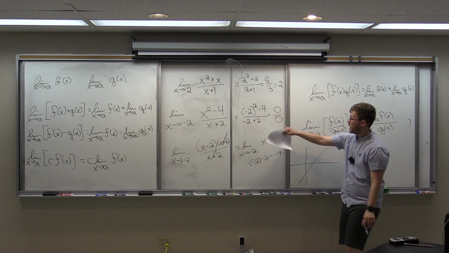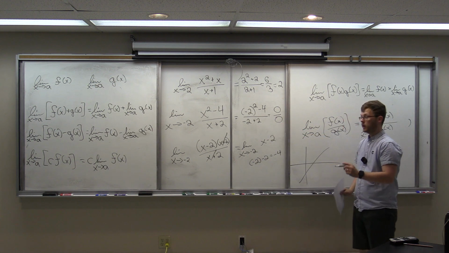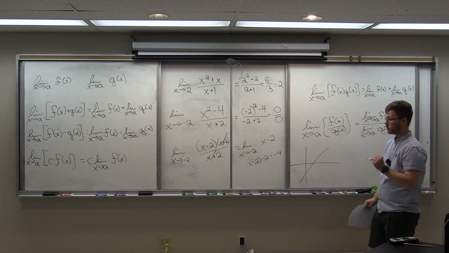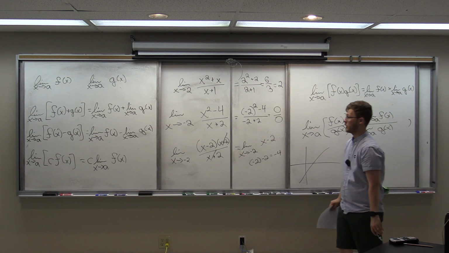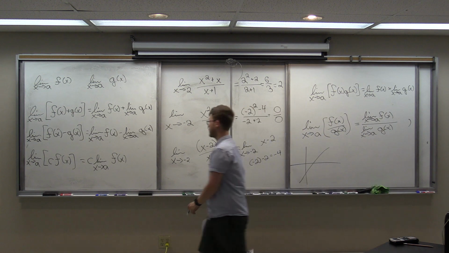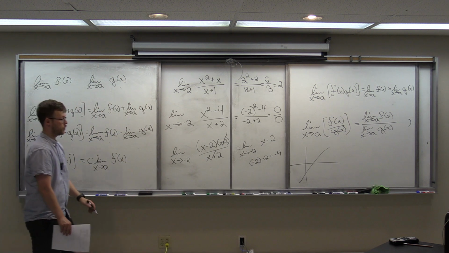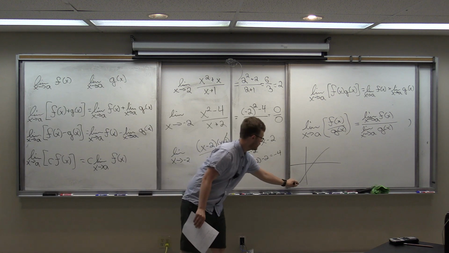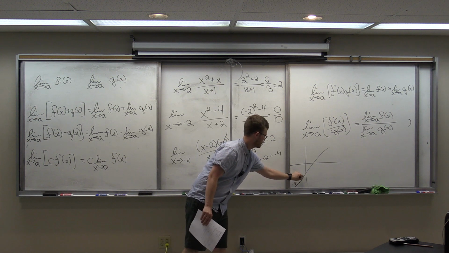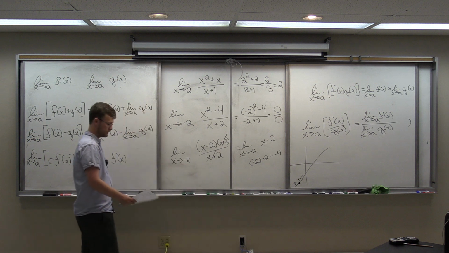So sometimes when you get this division by 0, you will have to look for extra steps just to make sure you're not making an unnecessary assumption about that limit not existing. Because in this case, it does. The limit exists, and it's equal to -4. When I plug in -2, from both sides, it approaches -4.